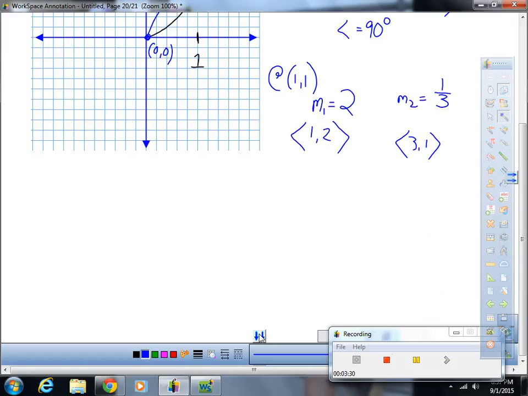Rise over run. Well, that doesn't answer the question for us. They want a unit vector. The magnitude of this one is radical 5. The magnitude of this one is radical 10. Okay, so we can say that it'll be radical 5 and radical 10.